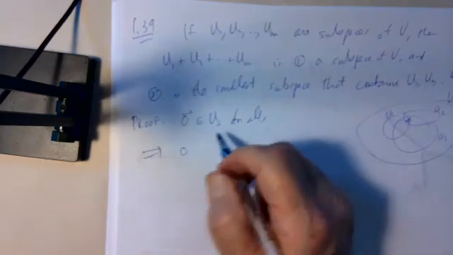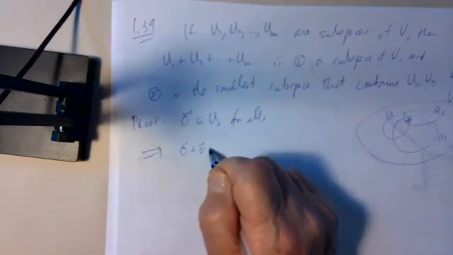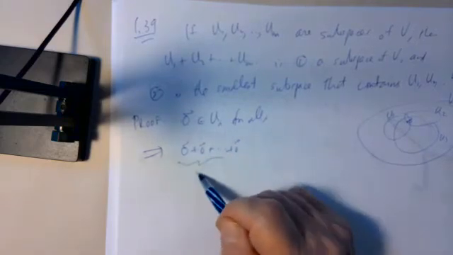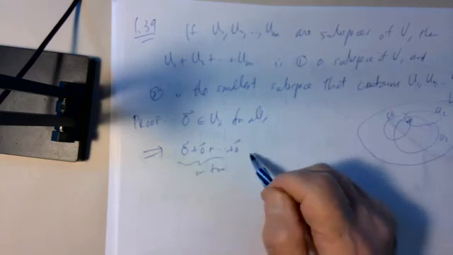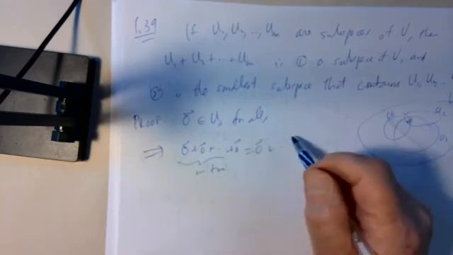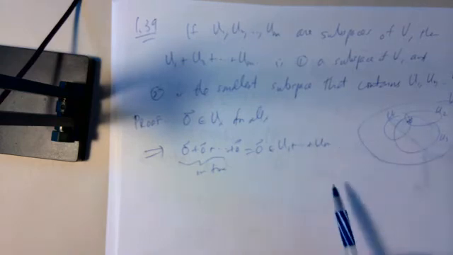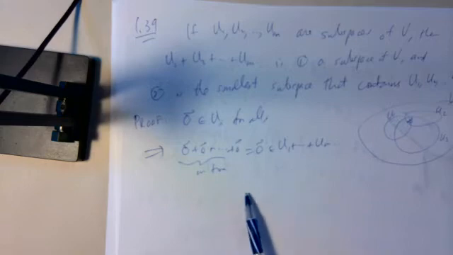So if I add 0 plus 0 plus 0, m times, which is 0, this is in U1 plus up to U sub m. So this sum contains the zero vector.